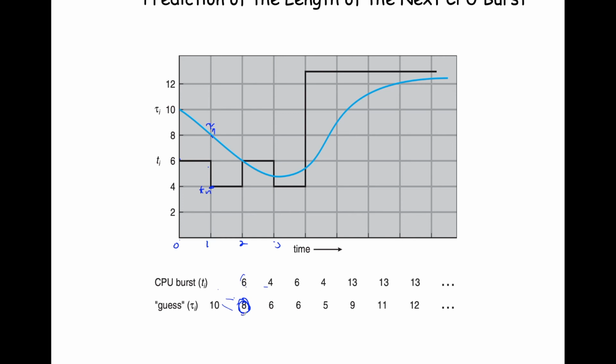So the next predicted burst time is going to be 6. And there we are, we have 6. So we keep doing that over and over, and we can use this weighted average, exponential weighted moving average, to predict the next burst length using the previous prediction and updating that with the measurement.